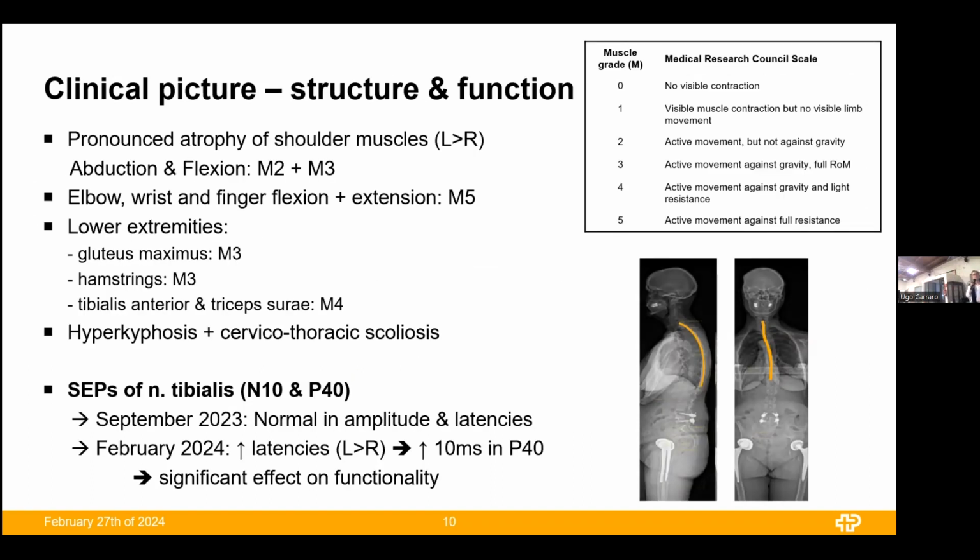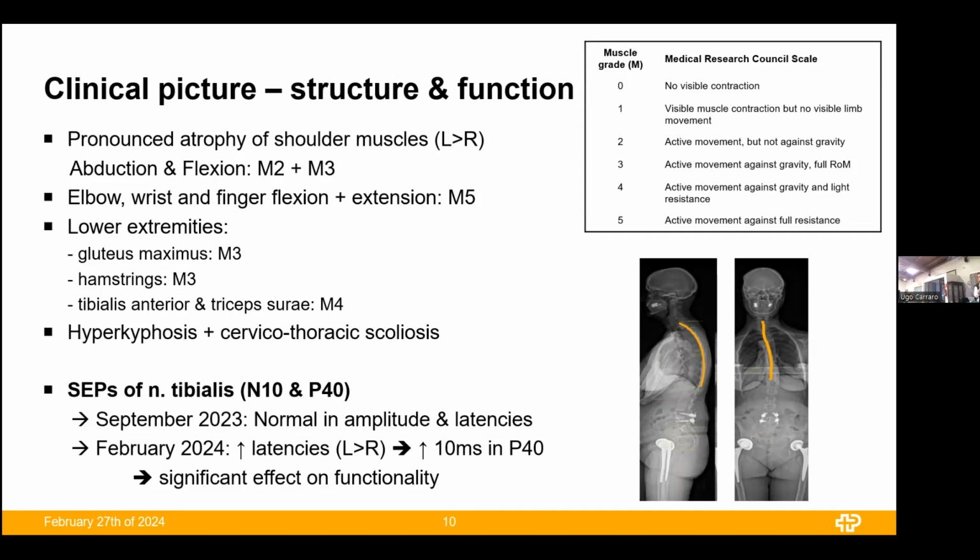For the structure and function levels, here I listed the muscle strength levels. As we saw in the beginning in the picture, the muscle weakness is pronounced on the proximal part, the parts that are proximal to trunk and pelvis. So this is represented in the muscle status as well.